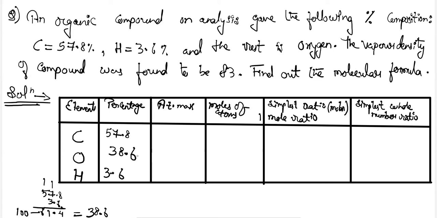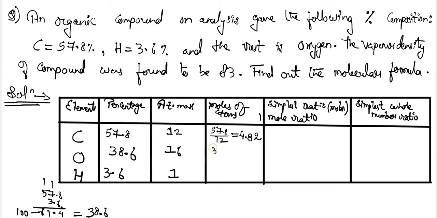It is 38.6. Now atomic mass for carbon is 12, for oxygen it is 16, and for hydrogen it is 1. So the moles of the elements will become 57.8 divided by 12, which is 4.82.